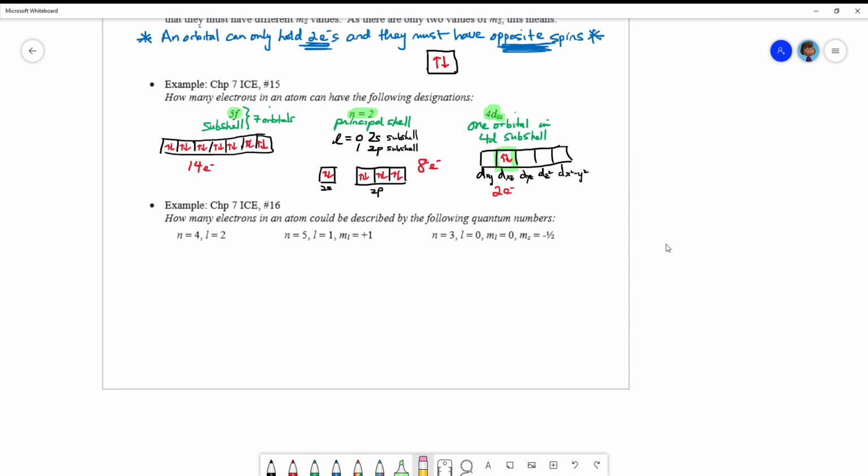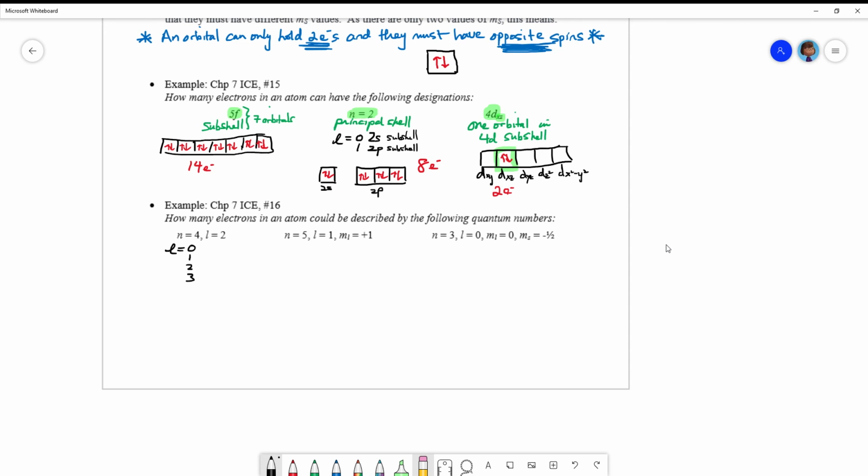So let's start over here with the example n equals 4 and l equals 2. Now, when n is equal to 4, which is a perfectly valid quantum number, l can take on values 0, 1, 2, and 3.